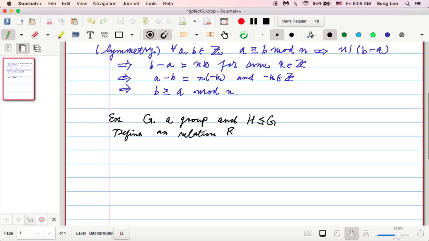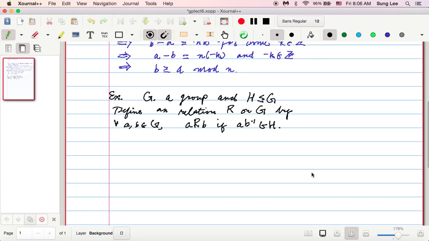R on G by the following: for any a, b in G, a is related to b if a b inverse is in H.